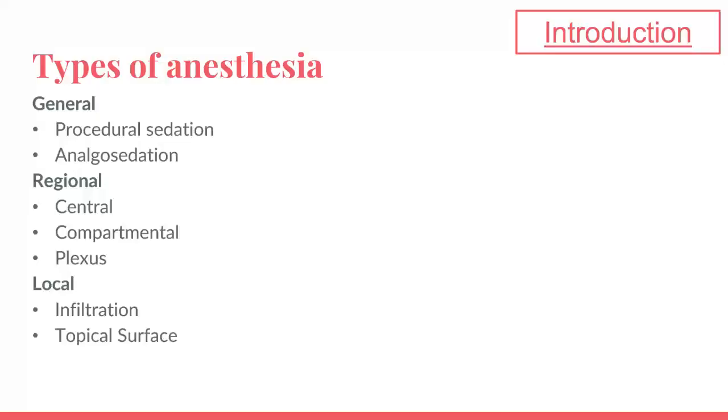Anesthesia can be divided into general anesthesia, regional anesthesia, and local anesthesia. In general anesthesia, there is a depression of the central nervous system to varying degrees. One can distinguish procedural sedation or analgosedation.